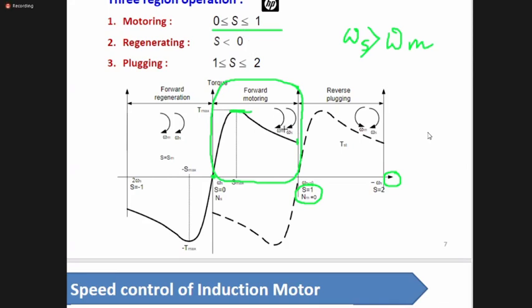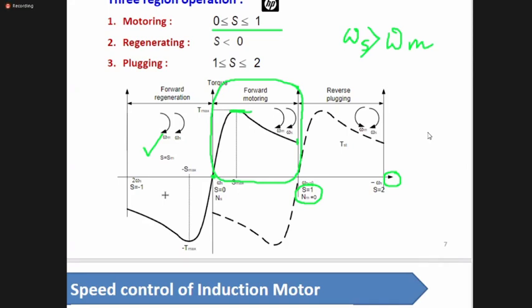All right, and next, what about this region? I assume that the rotor shaft we are talking about is running with an external force.